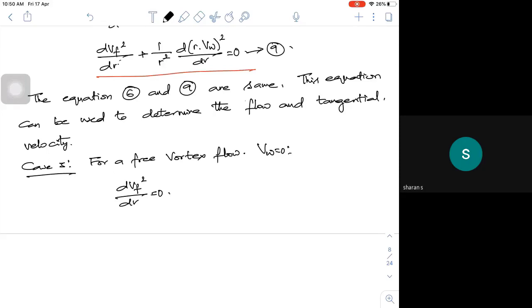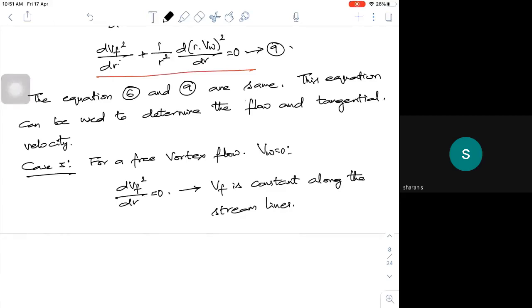What does this mean? This means that Vf is constant along the streamlines in the radial direction.